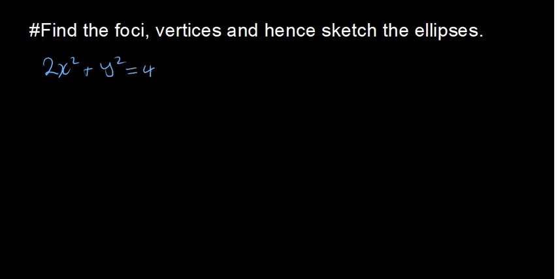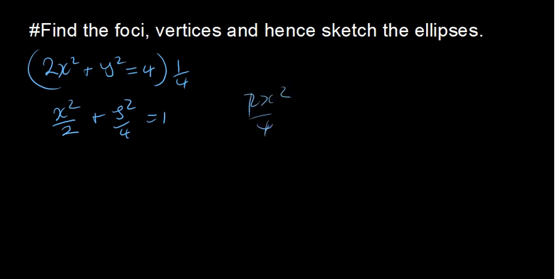So you do the same here. We're going to multiply both sides by 1 over 4, of which you're going to get x squared over 2 plus y squared over 4 is equal to 1, like that. So we say 2x squared divided by 4 gives 2 there, just like that.